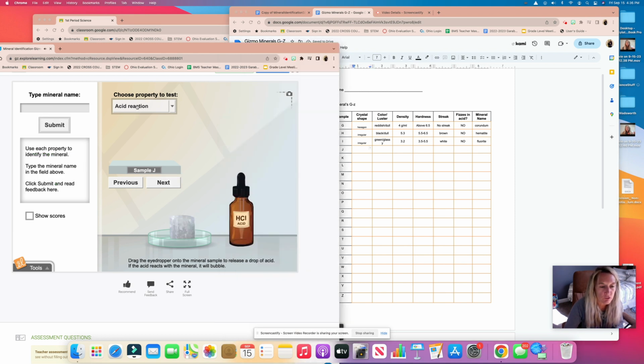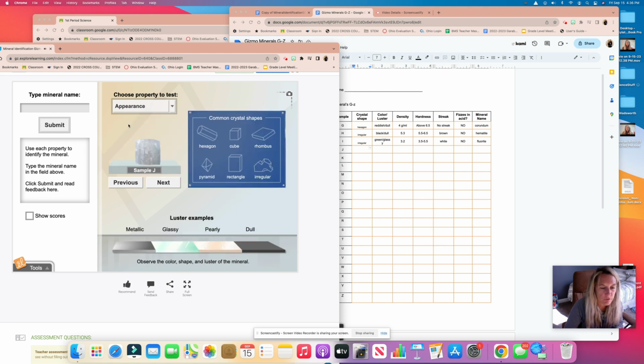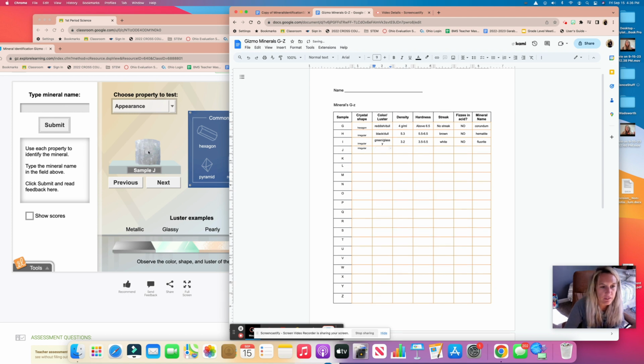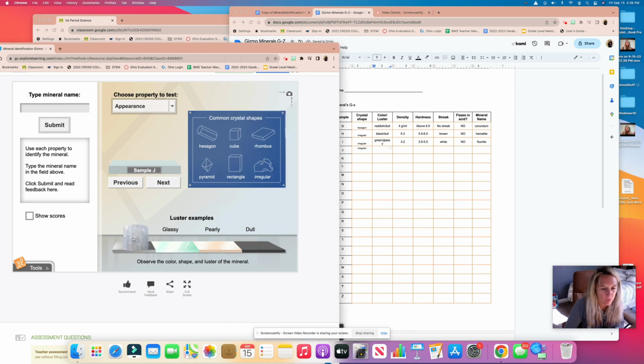All right, J. Let's move on. So we're going to start with the appearance. So J is thought to have a pretty irregular crystal structure. So we're going to put irregular. All right, it is not metallic. It's more of like, I would say, kind of pearly, to be honest with you. It's like a pearly white because it's not like glassy, see-through.